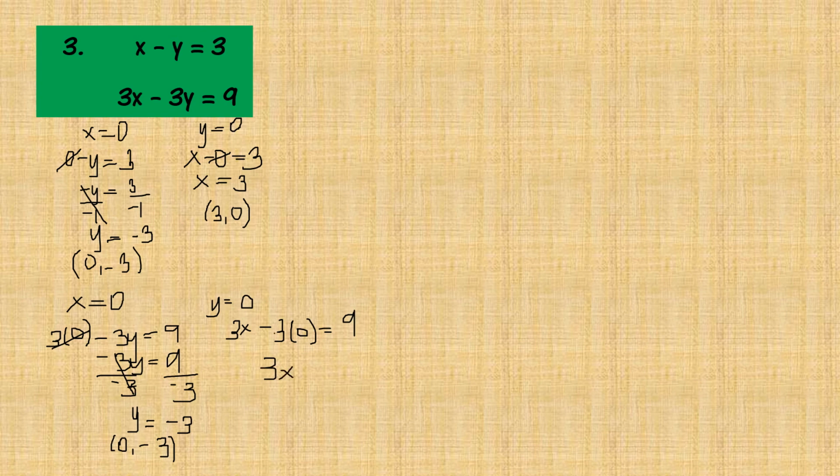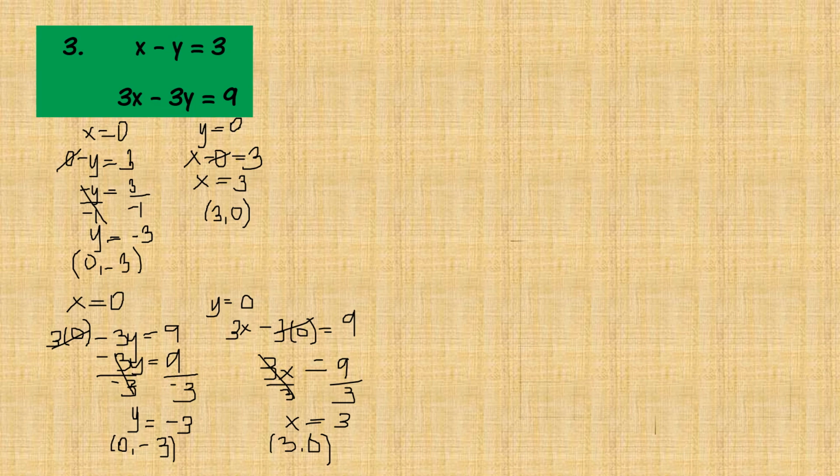Then, makakancel na po yan. Ang naiwan is simply 9. Then, para makuha yung ating value for x, divide both sides by 3. So, we have now x is equal to 9 divided by 3 will give us simply 3. So, yung ating pangalawang ordered pair ay 3 and 0. So, ngayon nakompleto na natin yung ating mga ordered pairs or yung ating mga points.